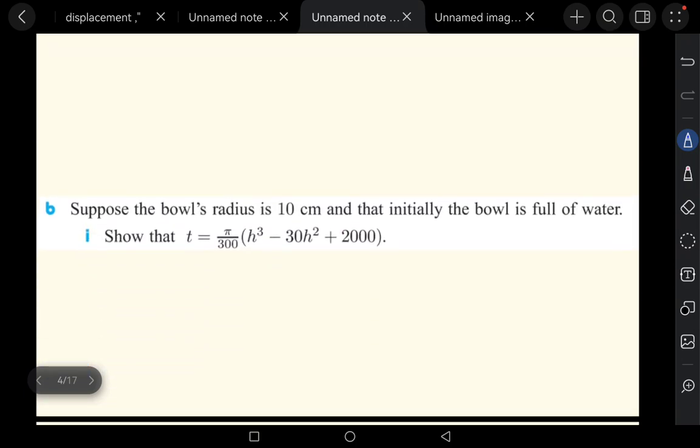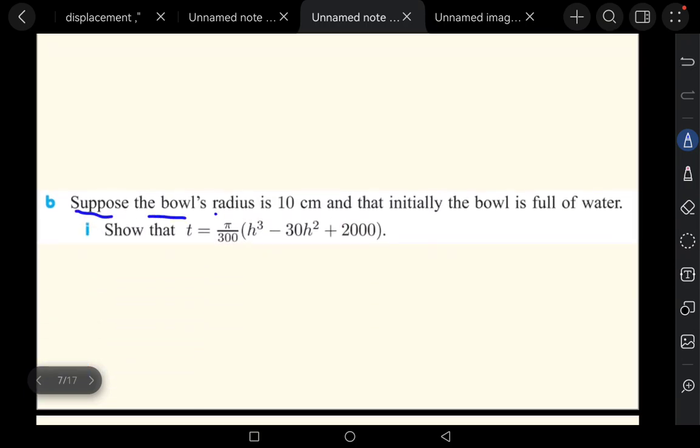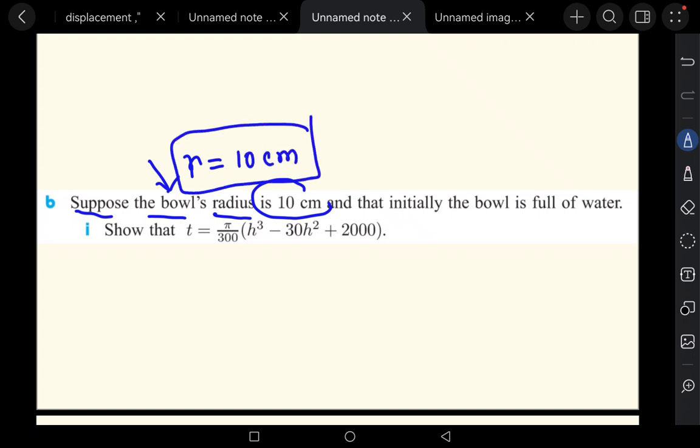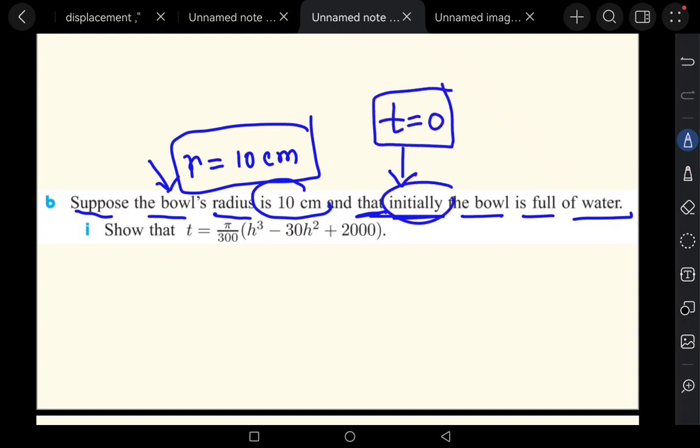What's part B? Suppose the ball's radius, the radius of the hemispherical ball, is 10 centimeters. And initially the ball is full of water. What does it mean? At the beginning, initially, the time is still not running, so t is 0.